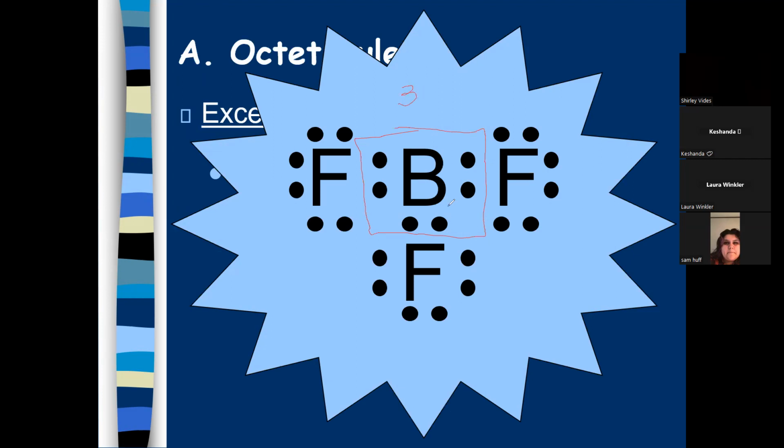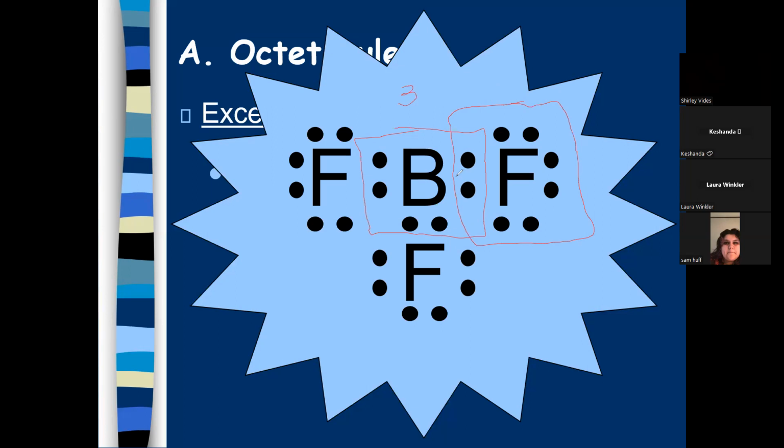So it doesn't fill the octet in this case because it is an exception. But fluorine is not. If we go around fluorine, you can see there's 8 little dots, and each one represents an electron. And fluorine happens to be in group 7, so it's not an exception. It needs its 8. So this is how a Lewis structure usually looks.